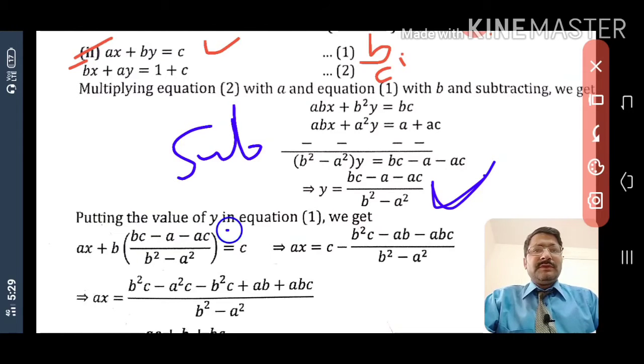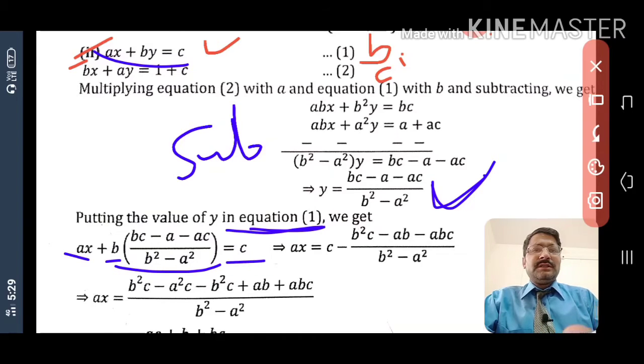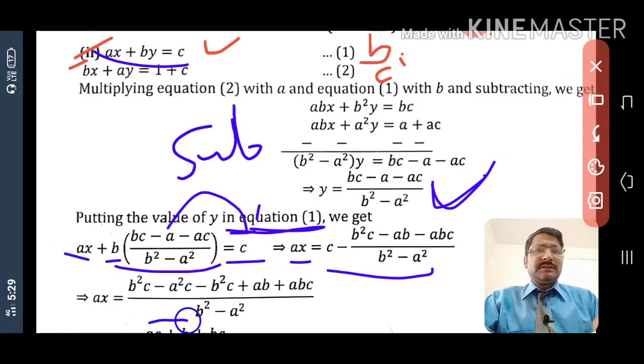This y we put in equation 1: ax plus b, and in place of y we put this value, equal to c. Now ax will be equal to c minus this, transferred to the right-hand side, and we take the LCM, b square minus a square.